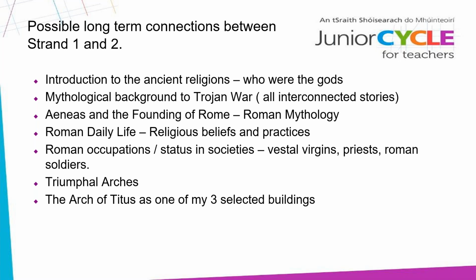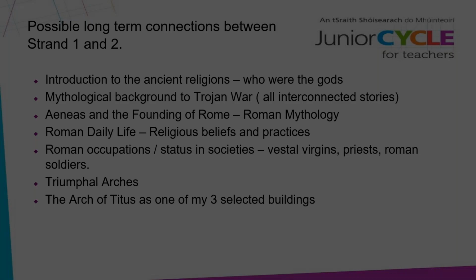A look at Roman daily life with religious beliefs and practices, looking at Roman occupations and status in society, so the Vestal Virgins, priests, Roman soldiers, triumphal arches if we're looking at soldiers, linking that in there, and the Arch of Titus as one of my three selected buildings from Strand 3.